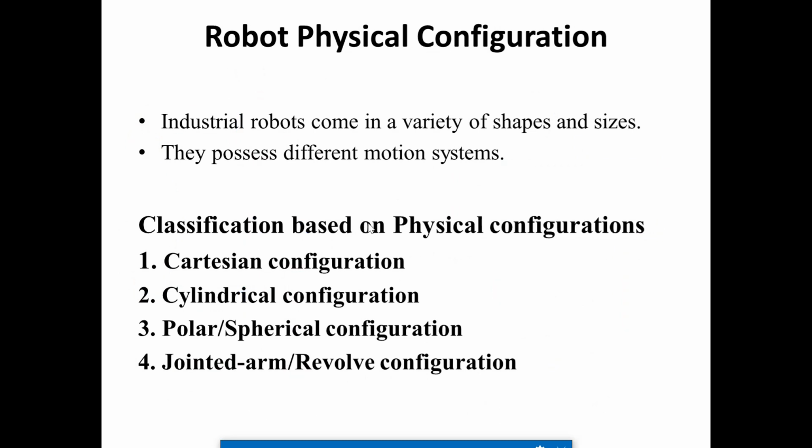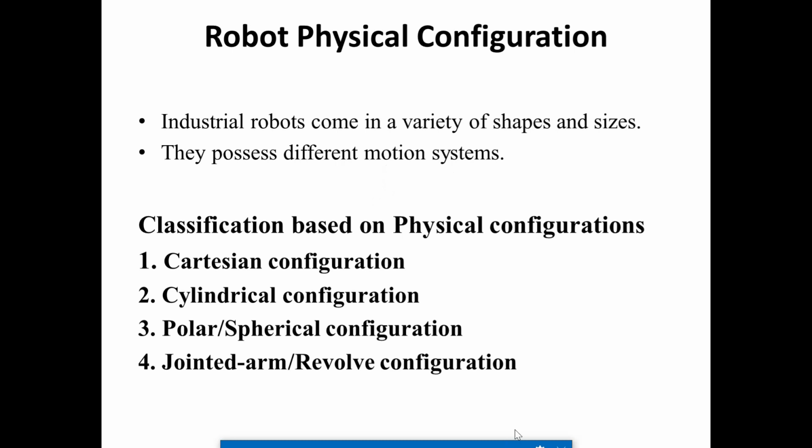And robot physical configurations: we have different physical configurations of a robot. Industrial robots come in a variety of shapes and sizes. Based on their functions, we categorize them into different shapes and sizes of robots. They possess different motion systems, and the physical configuration is responsible for the different motion systems of a robot.